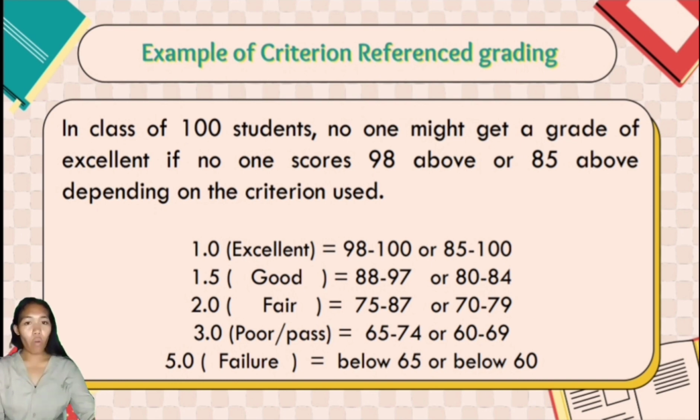Imagine in a class of 100 students, no one might get a grade of excellent if no one scores 98 and above, or 85 and above, depending on the criterion used.